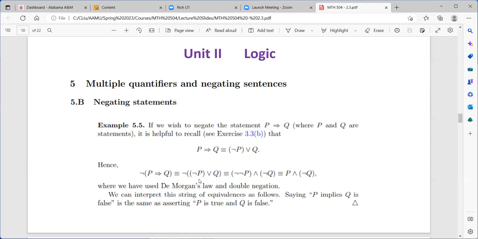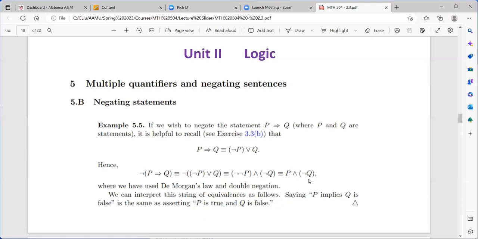And then you can use De Morgan's law to change this disjunction to conjunction, and at the same time you negate each compound statement. So you're going to negate negation of P and negate Q. But the negation of negation P is just P itself. So at the end, that's just equivalent to P conjunction negation of Q.